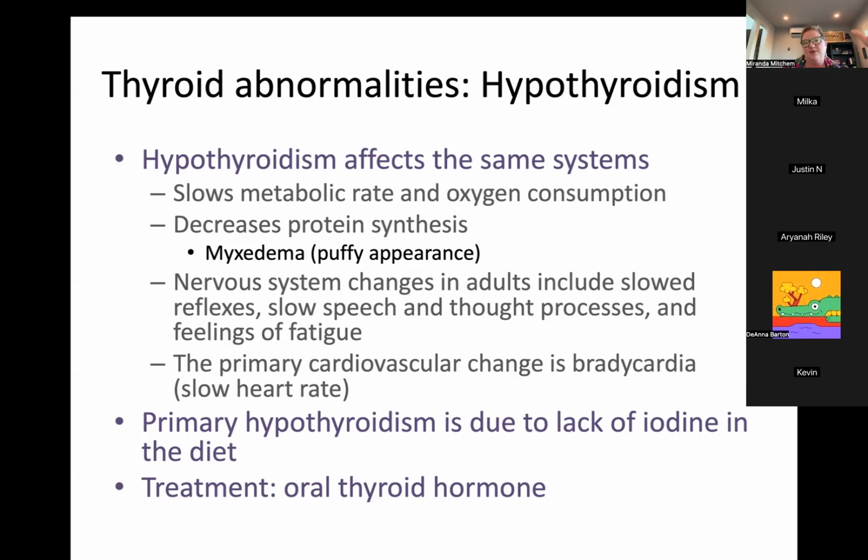So hyper makes your metabolism too effective. Hypo is underactive. And we would see a lower heart rate in hypothyroidism. That's because of the effect of the thyroid hormones on the sensors related to the sympathetic pathway for building up blood pressure or lowering it down.